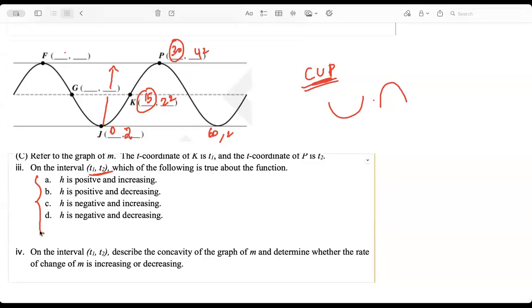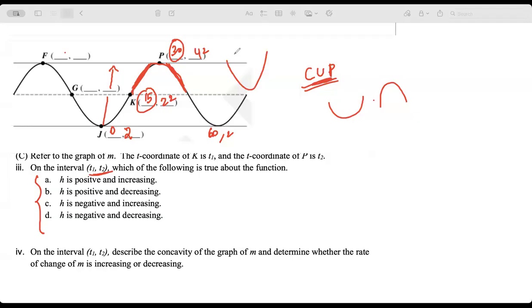Okay. See, you concluded this is concave down, right? So what is the rate of change here? If it is concave down, the rate of change is going to be decreasing, right?